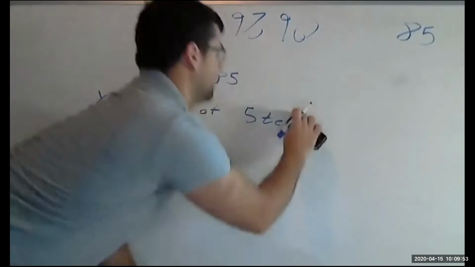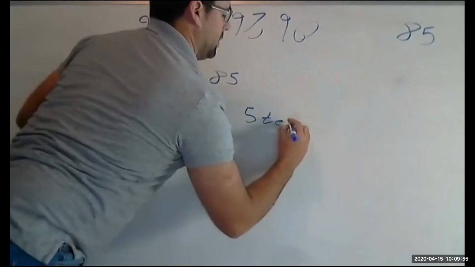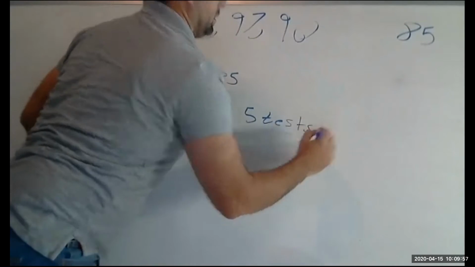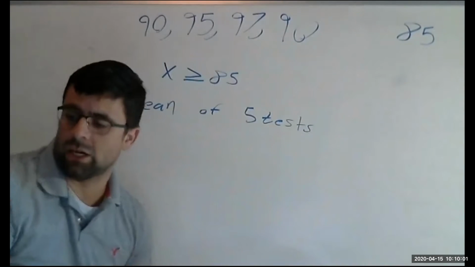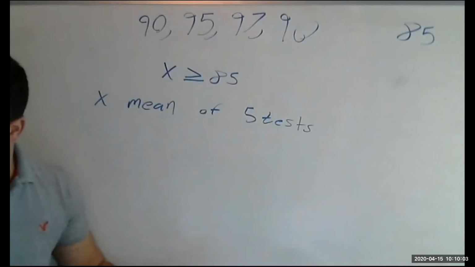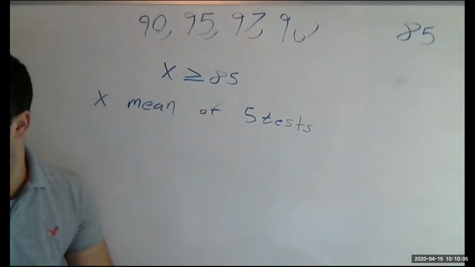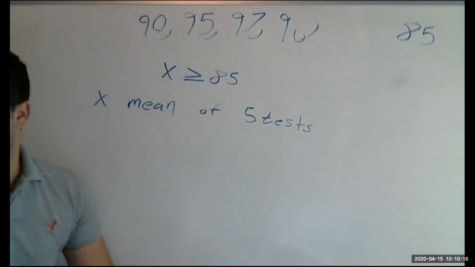Not texts, tests. So, how do you find the mean of the 5 tests? You add them up and divide by 5. Okay.